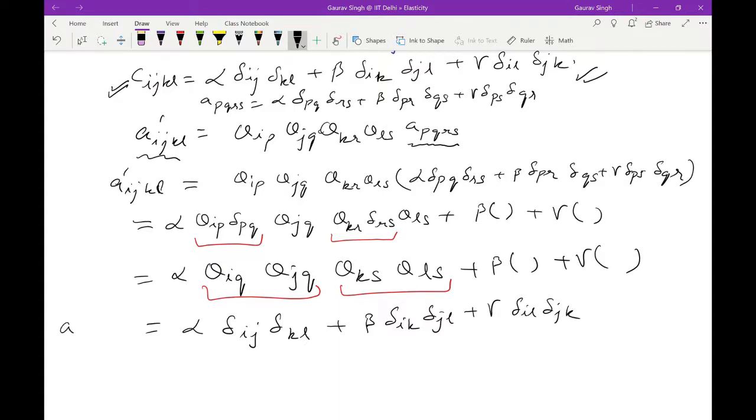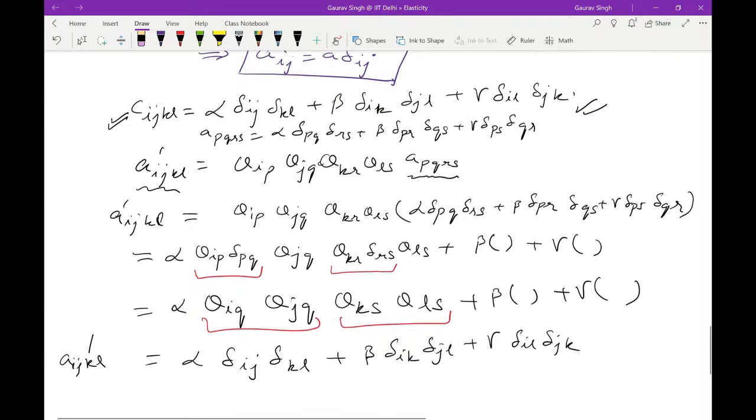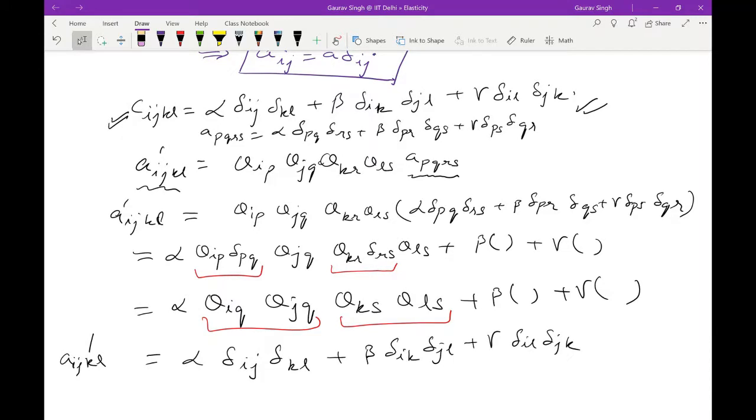Okay, a dash ijkl. So as you can see, this transformed Aijkl looks exactly like the one which was given to us over here.